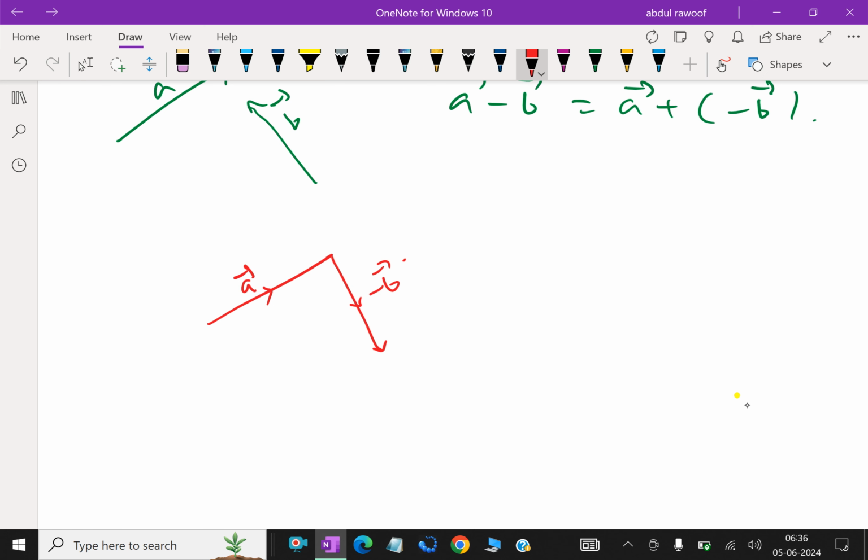Now join them, those points joined here.